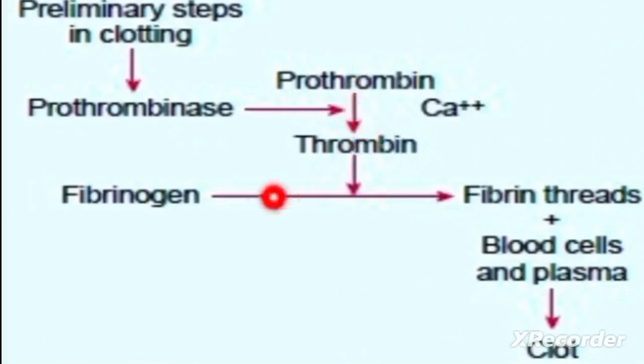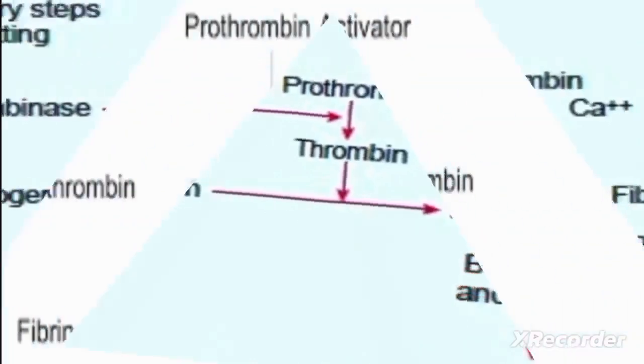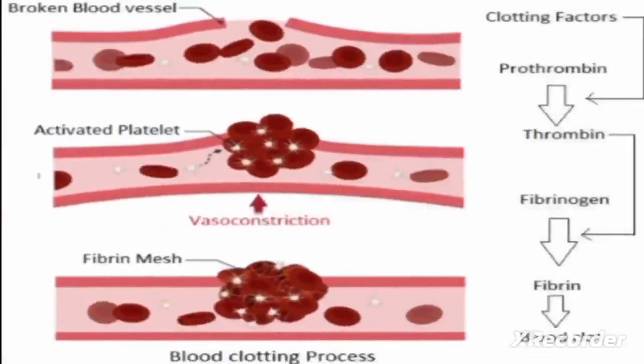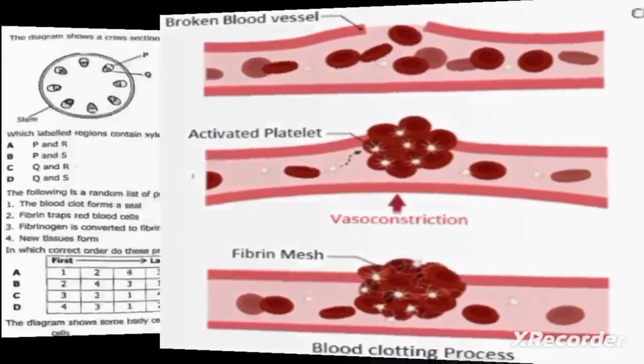Then thrombin speeds up the conversion of fibrinogen to fibrin, and the fibrin is converted to fibers, forming a big network that holds the components of blood together, so that the cut can be covered.